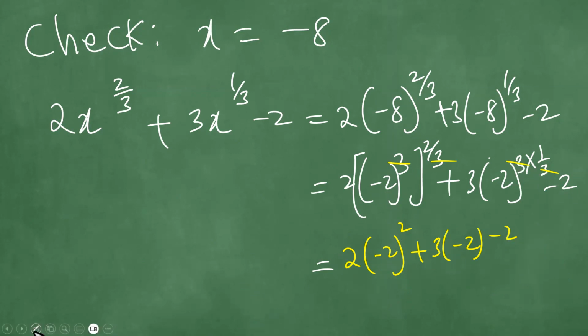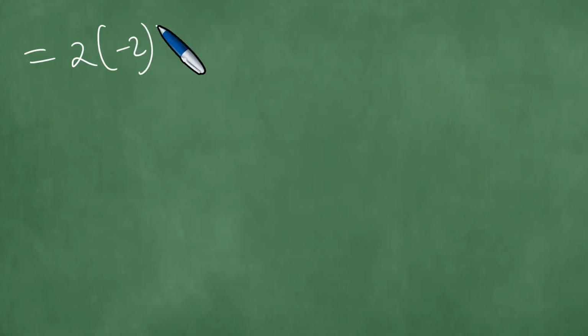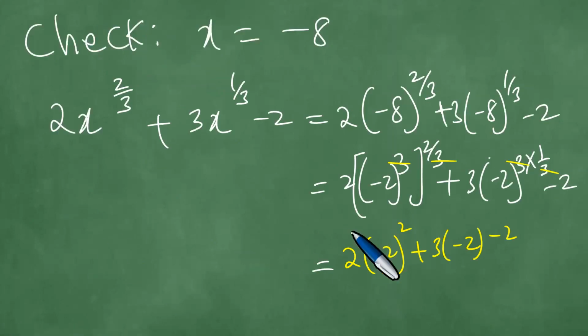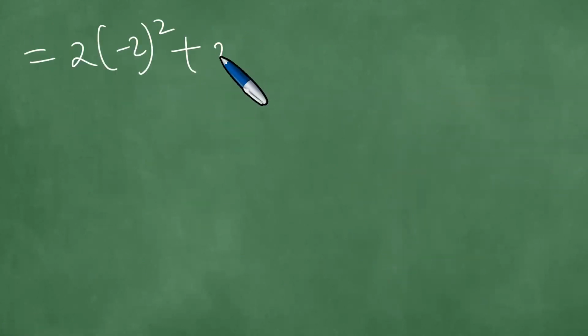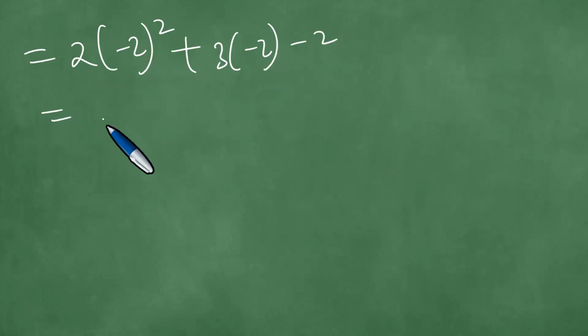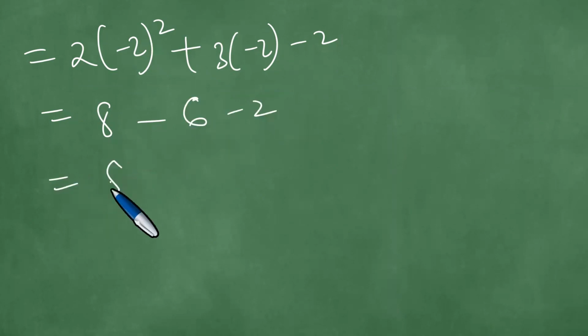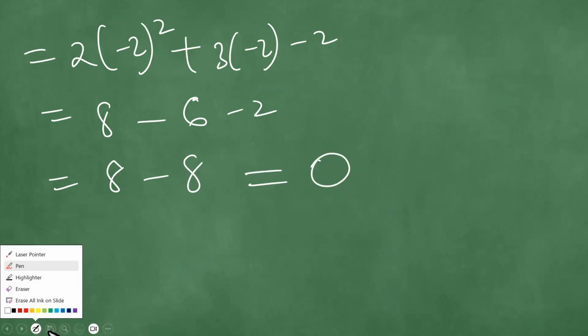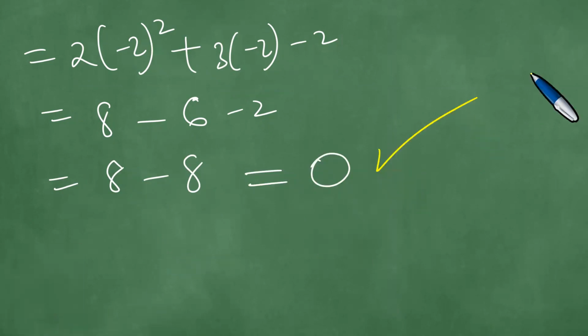So we get (-2) squared plus 3 into -2. Okay, this one is 4, which is 8 minus 6 minus 2, which is 8 minus 8. What is 8 minus 8, Tando? It's a big zero. Meaning we get 0 if you put -8.